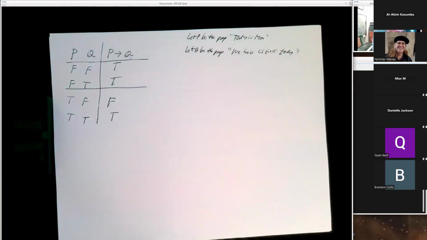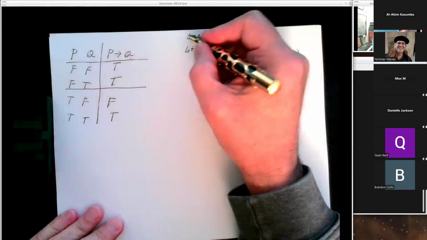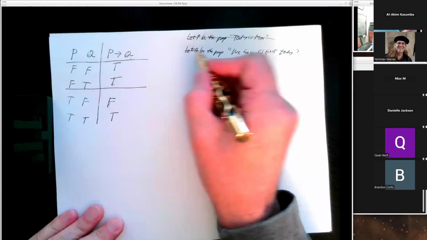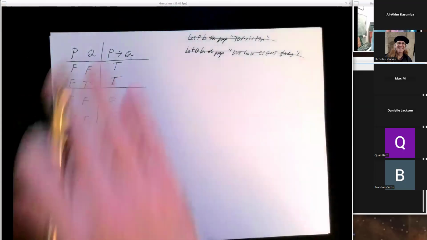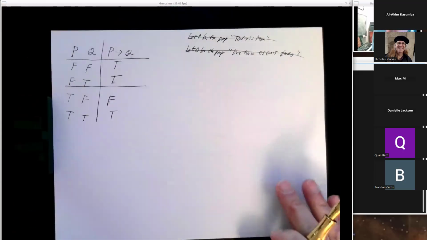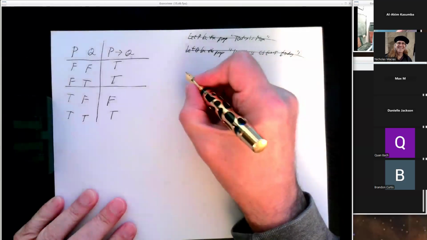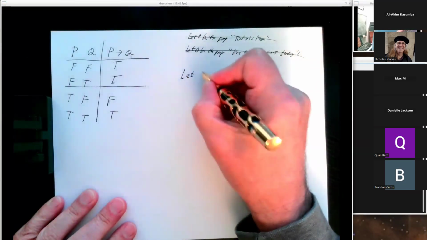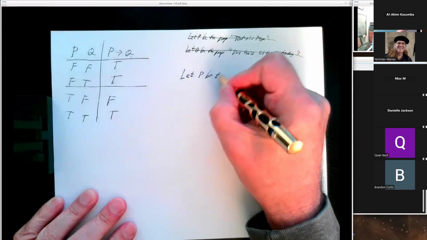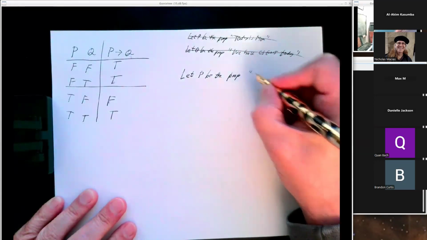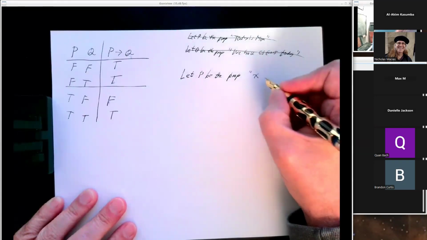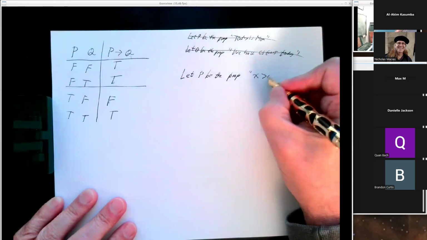So let me try a different pair of propositions and see if we can at least make enough peace with this to play around with it. So let P be the proposition X is bigger than 100.